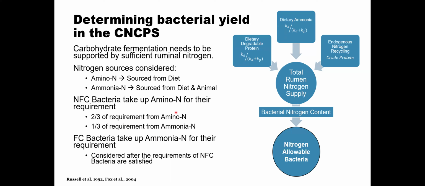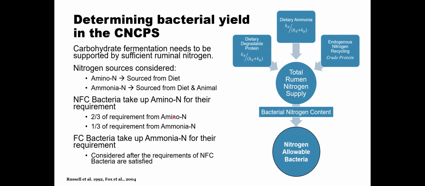And one of their tricks is they've evolved the ability to use amino acid nitrogen. And in fact, if you think about how they partition, 2/3 of their nitrogen requirement can come from peptides and amino acids. And this is a real efficiency for them, because now they don't have to take up ammonia, build the amino acid, and incorporate it.